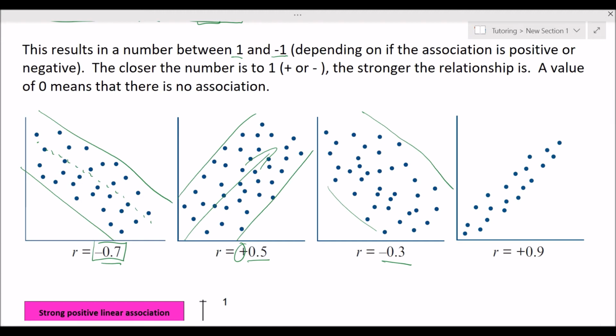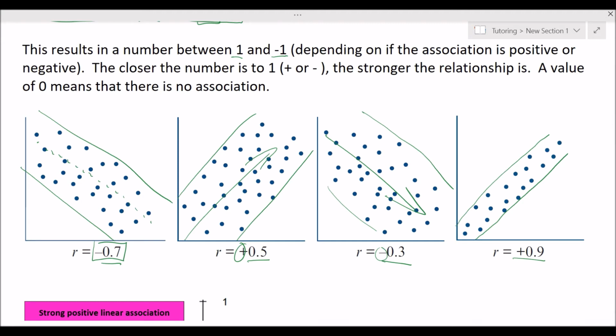So there's more variation. It's a negative number, you can see the direction is negative. And our last one here, positive 0.9. 0.9 is getting quite close to 1, so as we would expect, we have a much stronger relationship. The dots are much closer together.